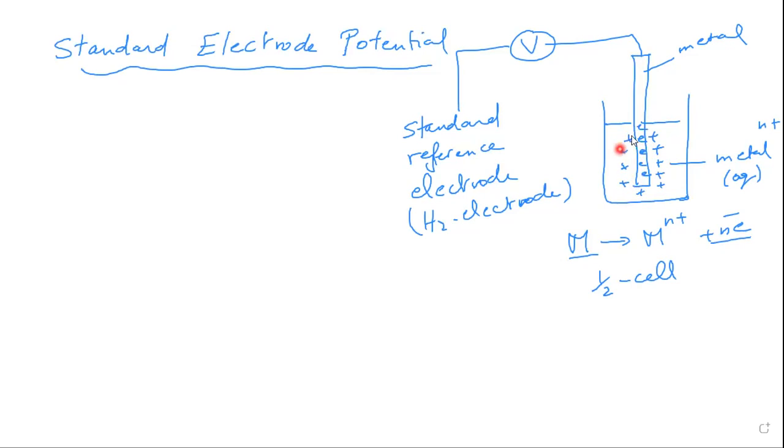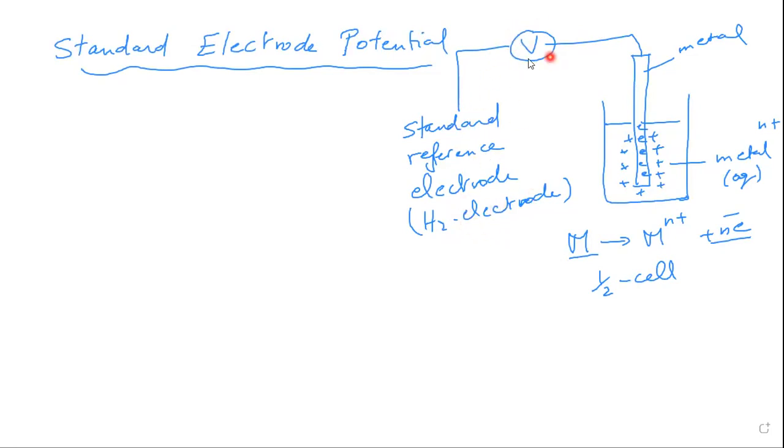So this potential difference cannot be directly measured. We must connect this half cell containing the metal in its ions to a standard reference electrode, the standard hydrogen electrode.